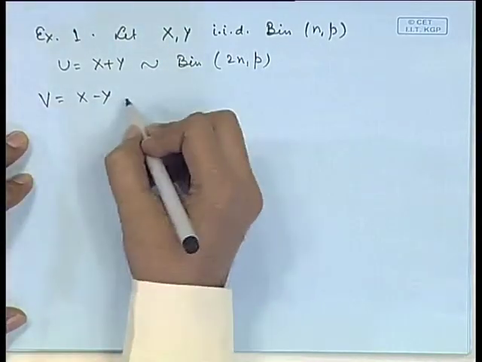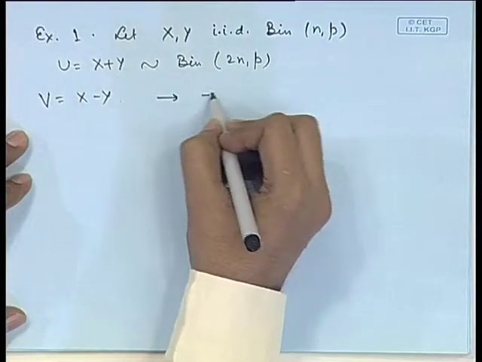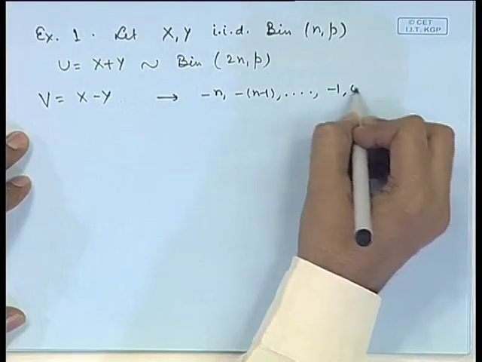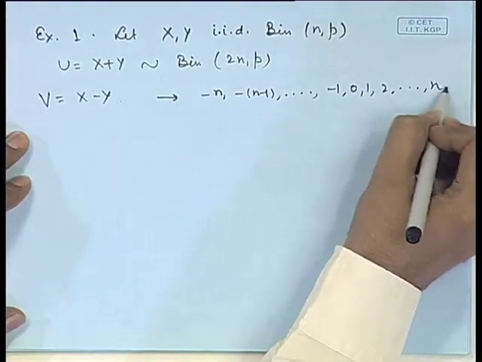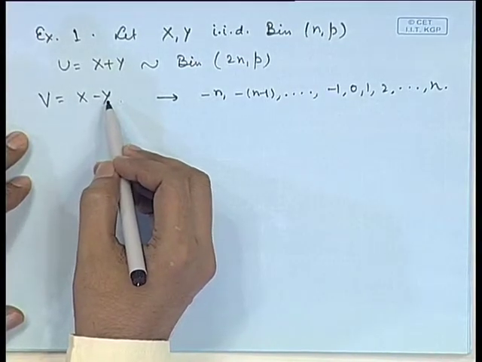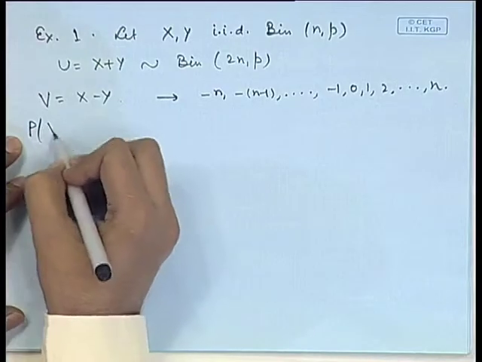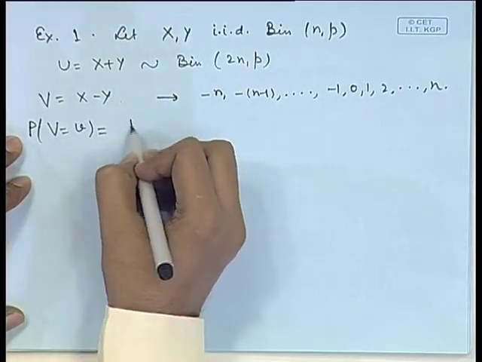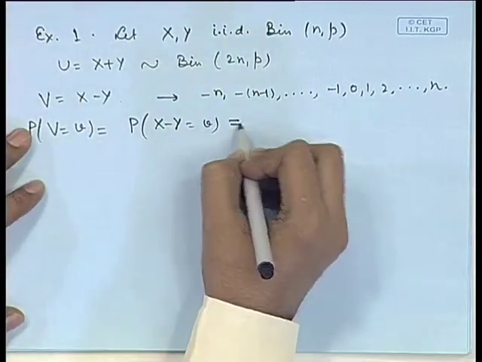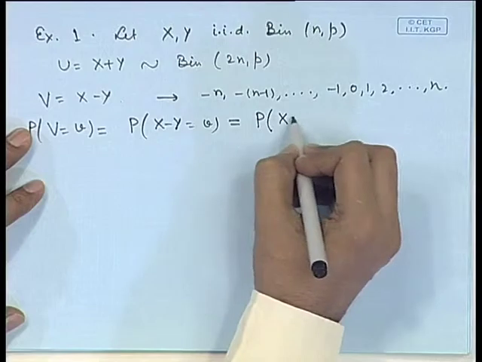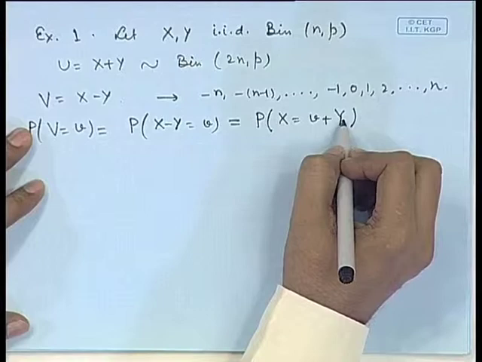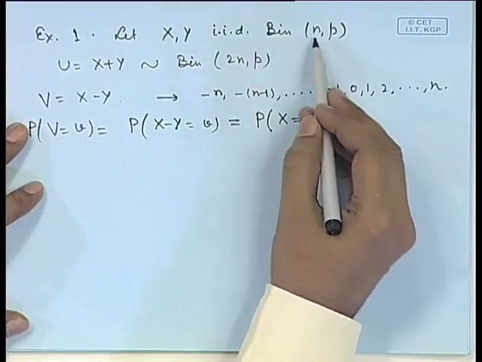then let us look at the set of values of V. This will vary from -n, -(n-1), ..., -1, 0, 1, 2 up to n, because each of X and Y can take values 0, 1 to n. So, probability of V = v, that is probability of X - Y = v, we can write as X = v + Y. Now, Y can take values using a binomial(n, p) distribution.